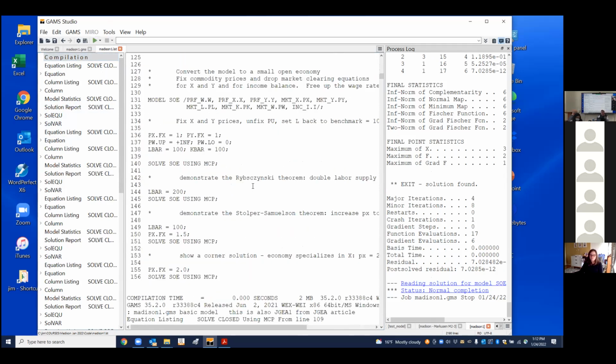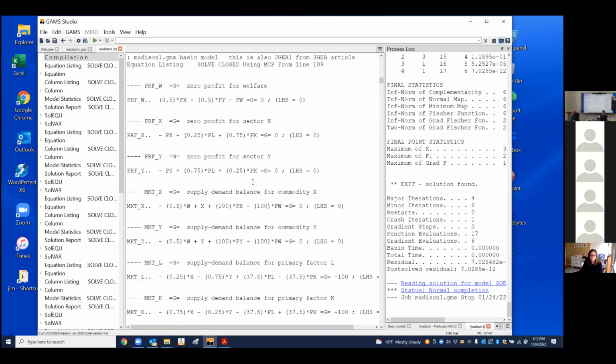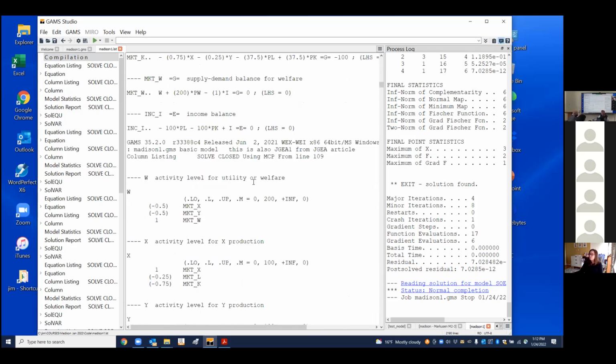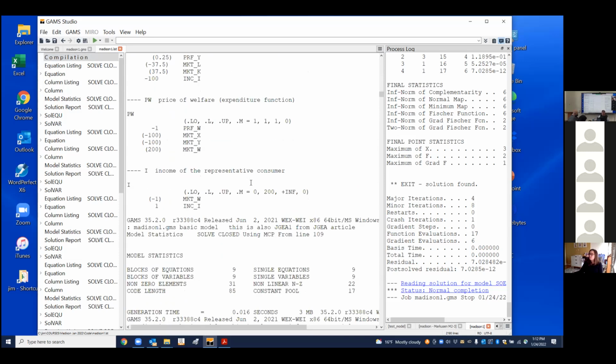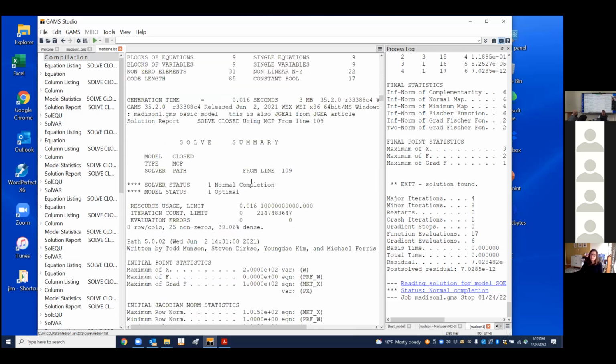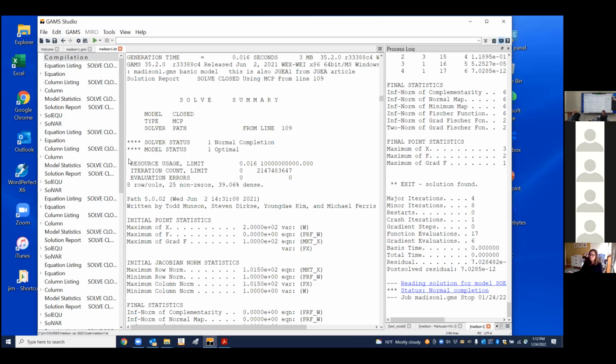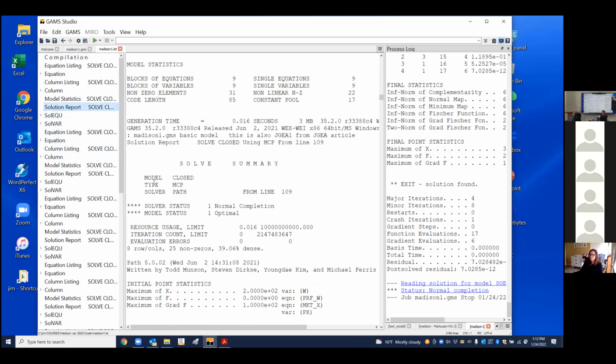If you wonder what you did for some counterfactual, you can have a look. And then a lot of stuff that I kind of forget about. You go down to the solve summary, or you could just click the first solution report. It takes you to the same place.